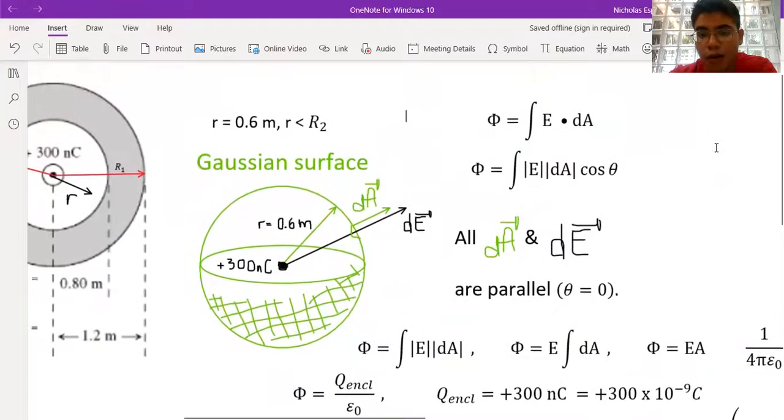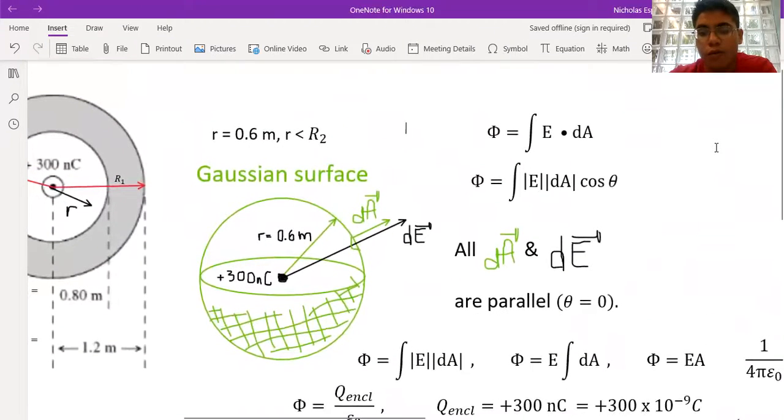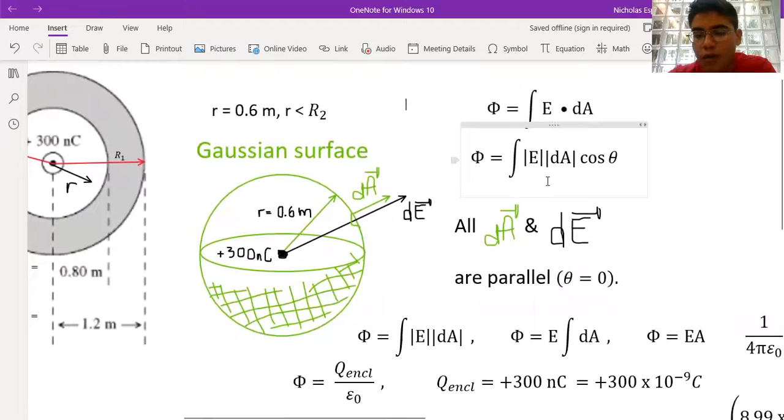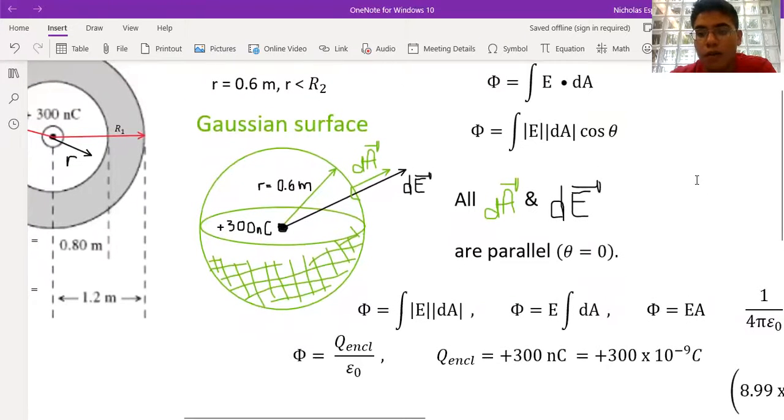They're going to be completely parallel. And we already know the flux is just the integral of the dot product of the electrical field and the area, which is the magnitude of both times the cosine of the angle between them. But that angle is 0, and the cosine of 0 is just 1.